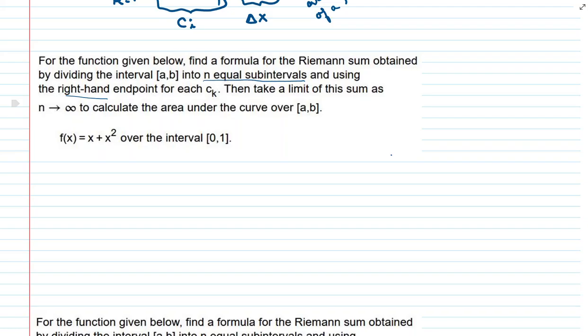All right, so here we go. Our first thing is to find our delta x. And our delta x is 1 minus 0 divided by n, 1 over n. All right, so we have our delta.